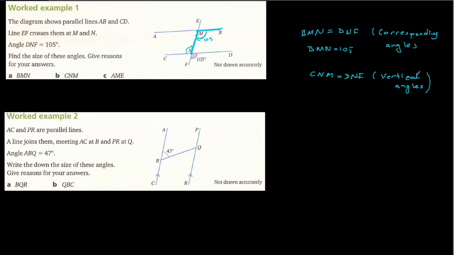And the last one, AME. DNF is equal to AME because they are alternate exterior angles.